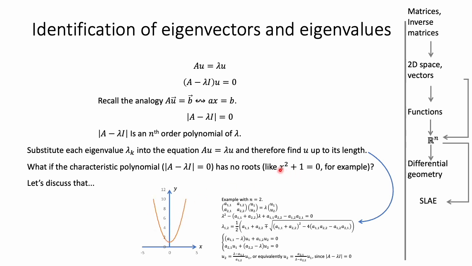This polynomial is x squared plus 1 equals 0. It never intersects the horizontal axis, never vanishes, this orange curve. What happens in this case? So let's discuss that.